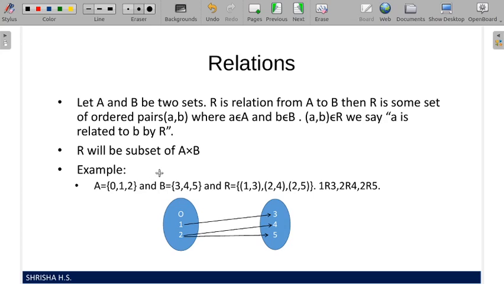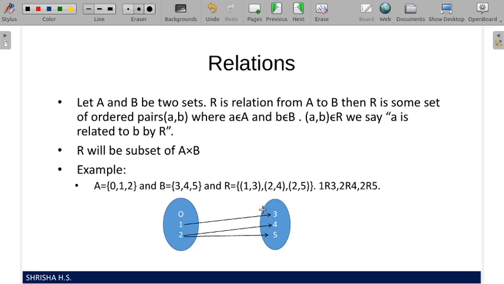So we'll take an example. Let set A equal 0, 1, 2 and B equal 3, 4, 5. We have defined some relation, so from the Cartesian product we have made a subset: (1, 3), (2, 4) and (2, 5). How can we write this? 1 relates to 3, 2 relates to 4 and 2 relates to 5.